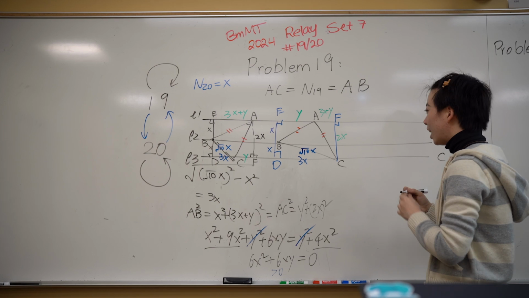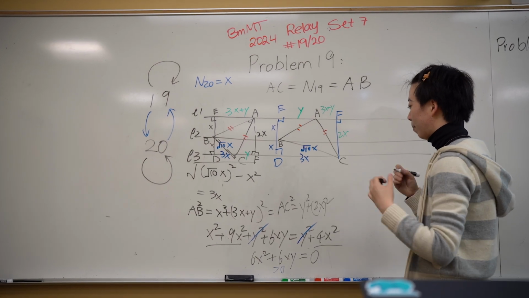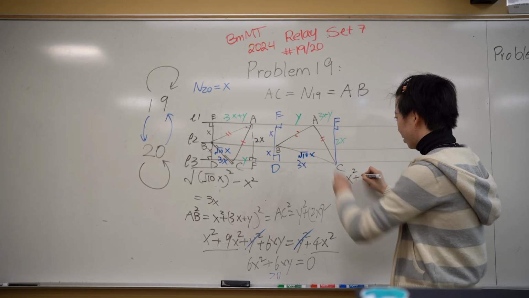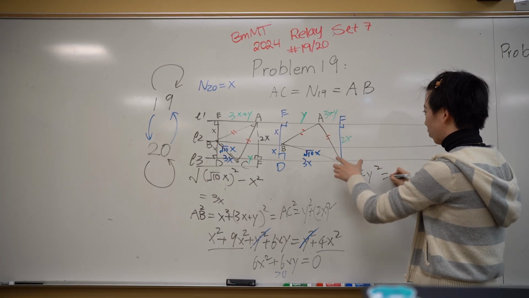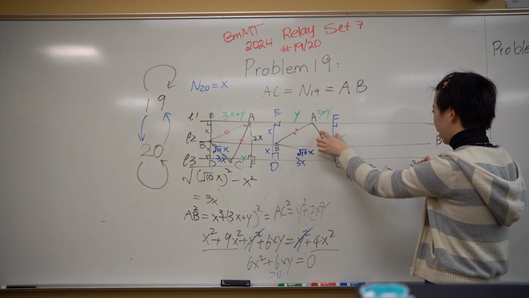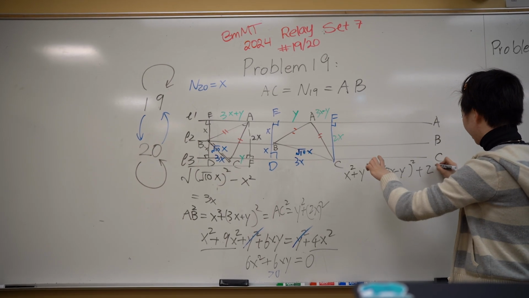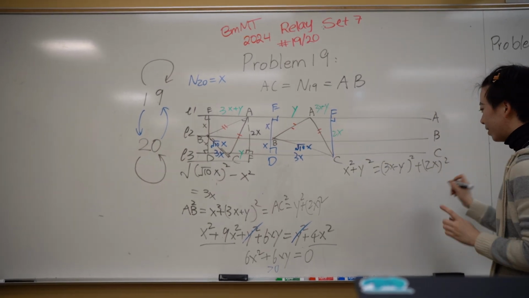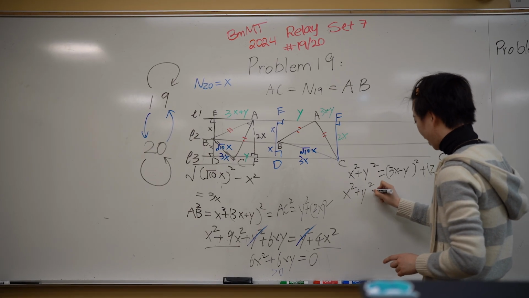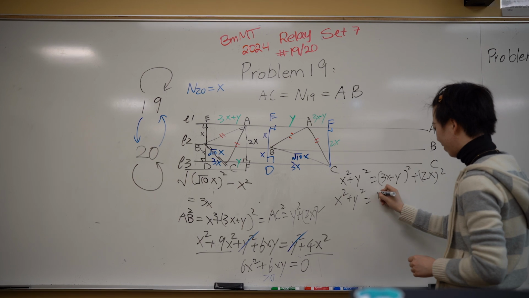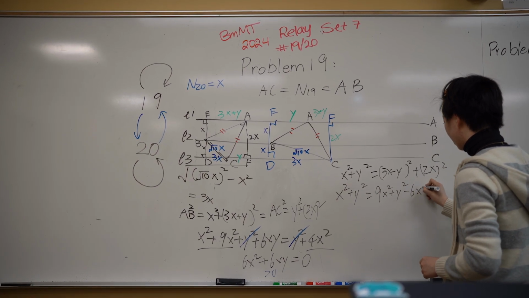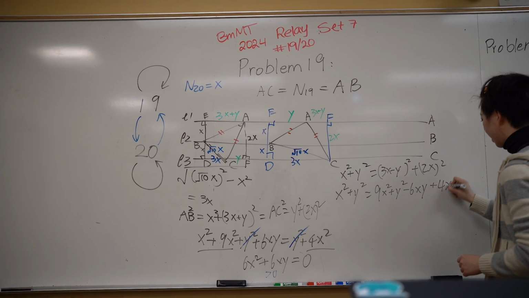All right, now let's set up our equation in this case by the Pythagorean theorem. What we have is x squared plus y squared is equal to (3x minus y) squared plus (2x) squared. On the left-hand side, we still have x squared plus y squared, and if we simplify the right-hand side, we have 9x squared plus y squared minus 6xy plus 4x squared.